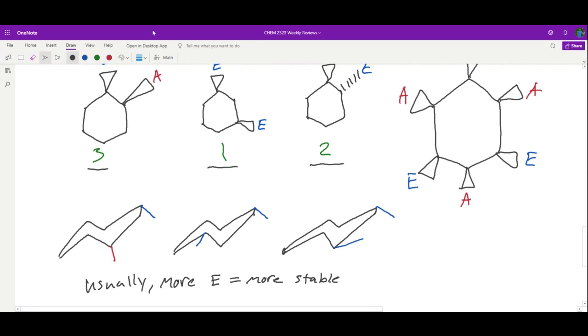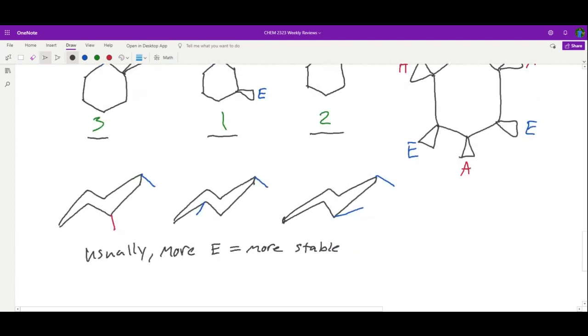So sometimes they'll ask you to create the most stable product, which is going to be the one that contains more equatorial and more distance away from your bulky groups. And you always want to put the bulkiest group on equatorial. And when it says most stable or least energy, it means the same thing. Least stable or most energy also means the same thing. The energy and stability have an inverse relationship.